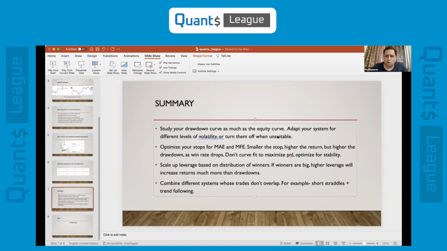Okay, another question is, how do you measure your drawdown curve? So it's very simple. You can make this in Excel if you have your equity curve or just a list of trades. You can take your starting value of your account. This need not be actual; it could be notional, and list all your trades below it, the P&L from each trade, and every time you have a P&L, a plus or a minus, you add that or subtract that from your starting balance.